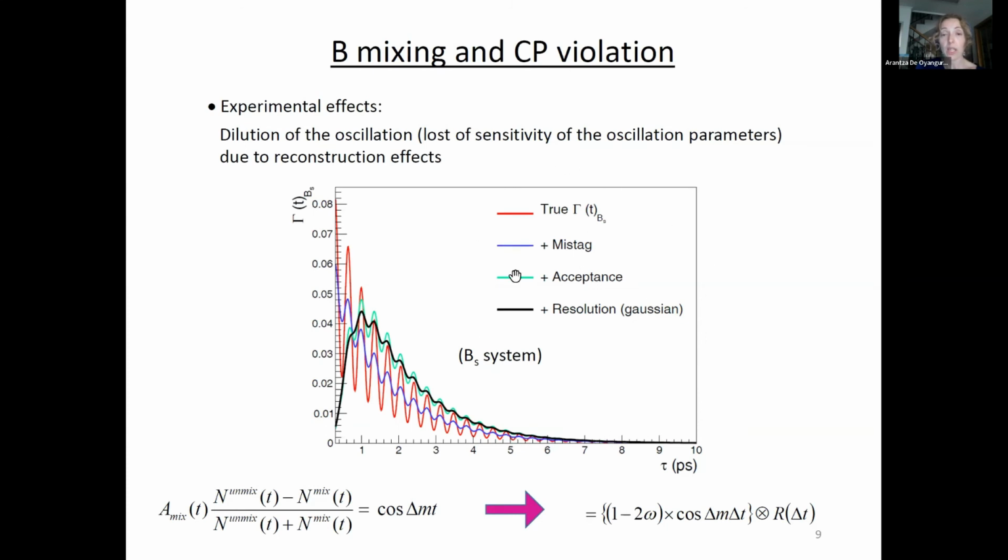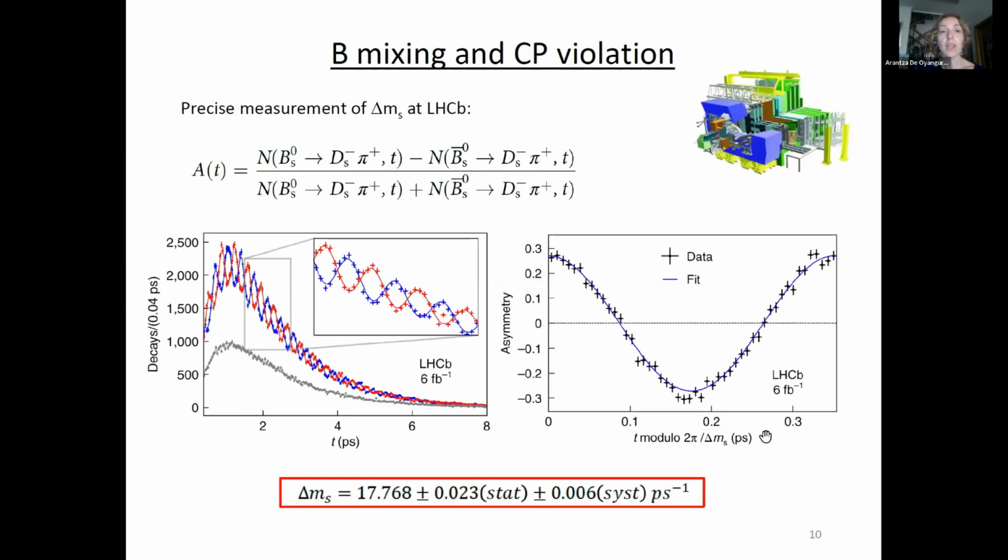This is the case for LHCb, just for the Bs system, in some kind of simulation, to illustrate how the different detector effects contribute. So for the Bs system, we have performed this measurement of the asymmetry using Bs to Ds decays, checking which events are oscillating and which are not oscillating.